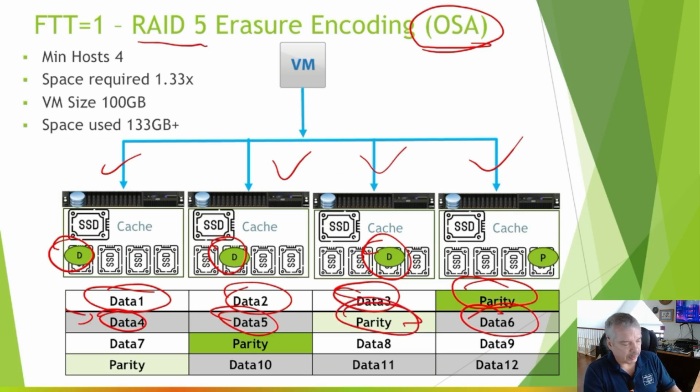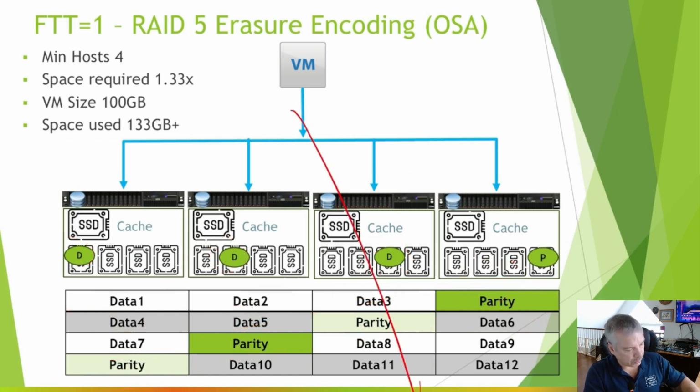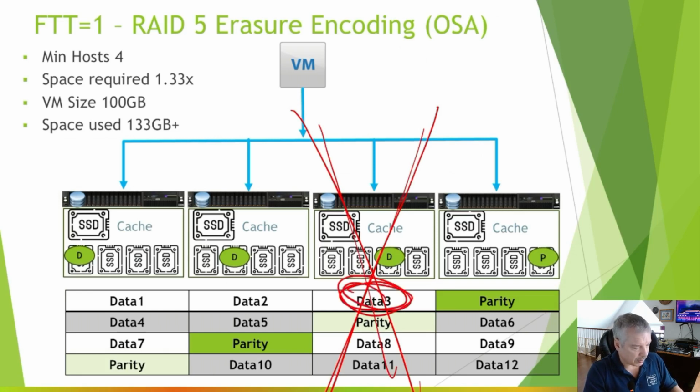Then you have another parity, and we're skewing the parity, so you can see the parity being skewed. In the original storage architecture, you need at least 4 servers. With Express, you need 3. I did a video on that specifically. Again, if there's a problem here and we lose a server or drive or whatever, we lost basically our data 3 here. That's gone.